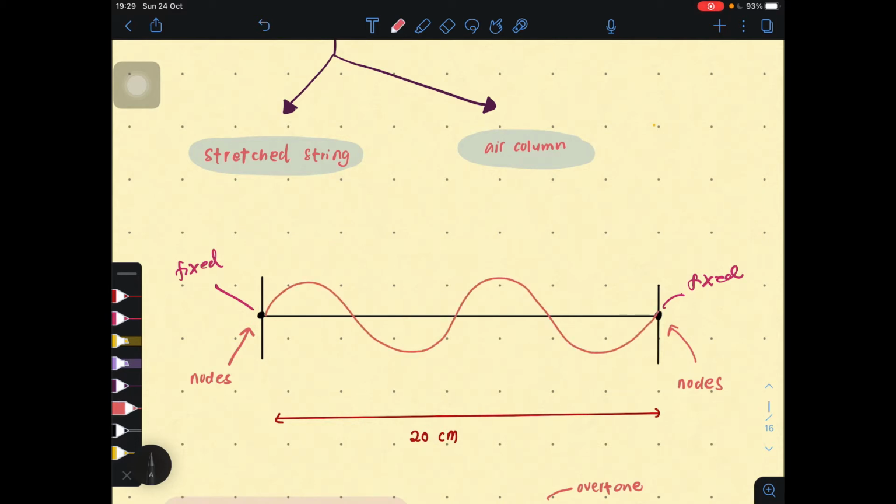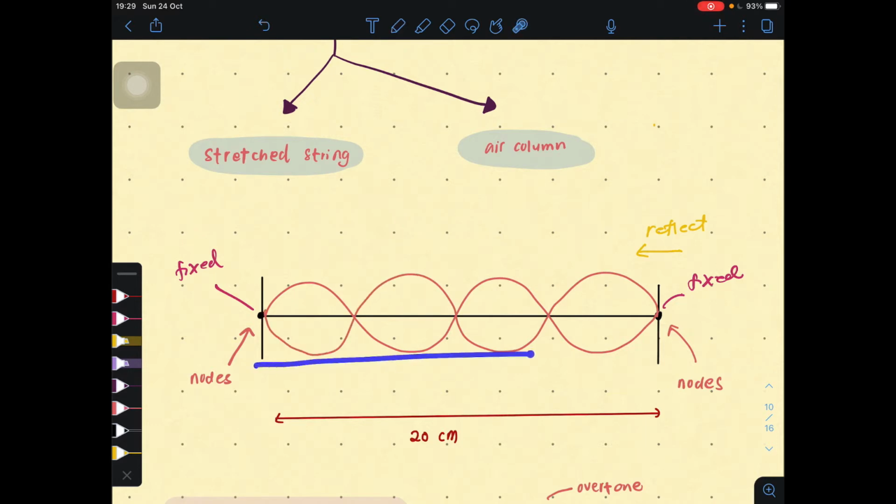But because the end is fixed, maksudnya wave ni dia sudah tidak boleh travel lagi. Disebabkan dia fixed, apa yang berlaku, this wave will reflect back. It will look something like this.